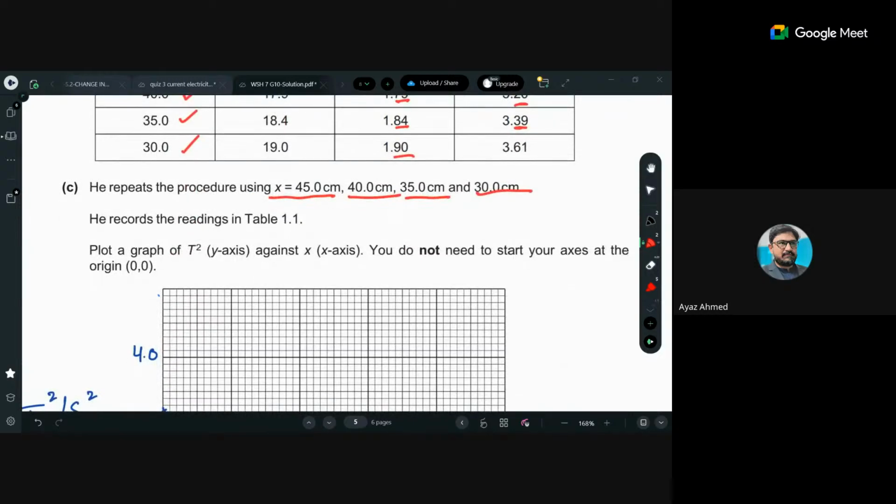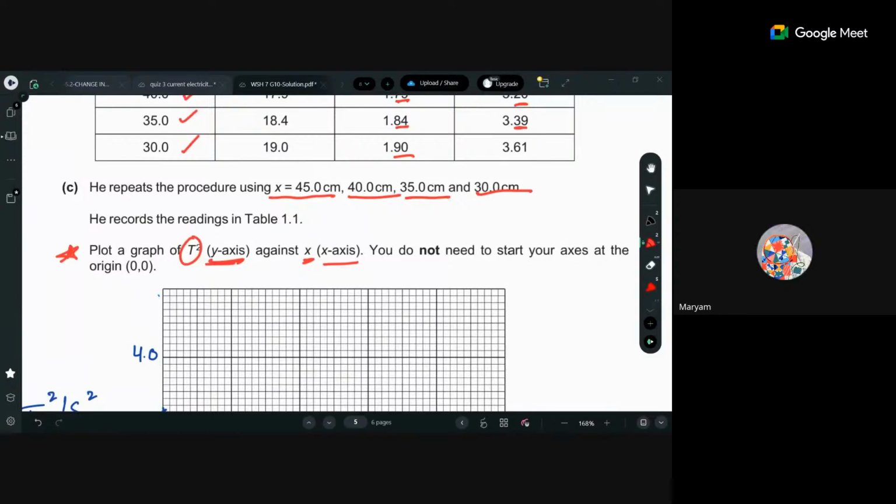Now the instruction is: plot a graph of time square on the y-axis against x on the x-axis. So simply speaking, what are the variables? One variable is your time square, and the second variable is x. Are you getting that point?